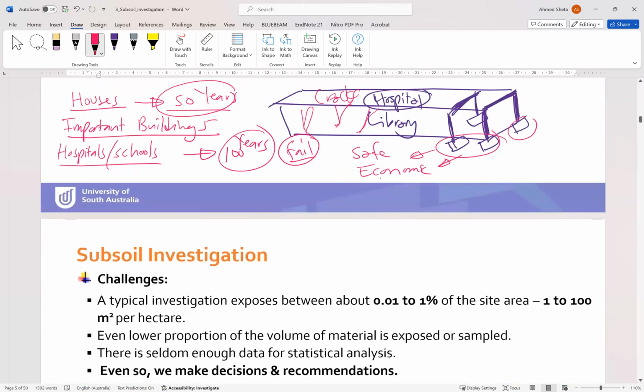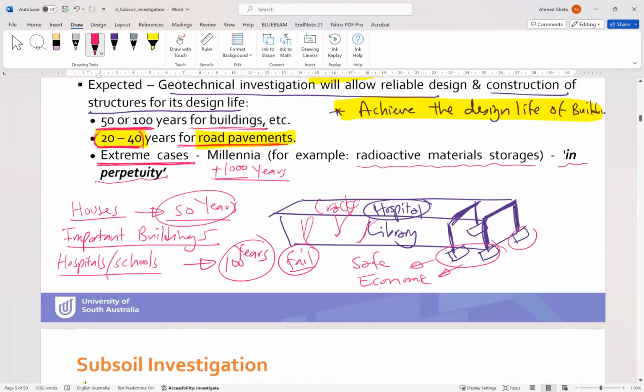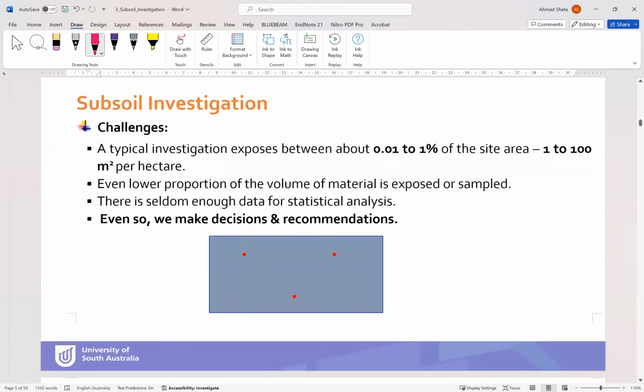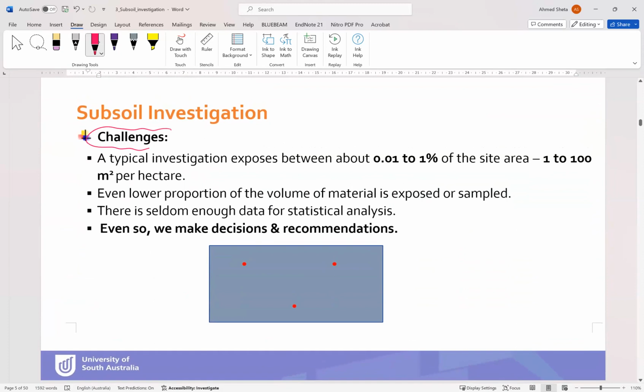Anyway, so these were the expectations of the subsoil investigation. And then what are the challenges we are facing when we are doing soil investigation? One of the challenges is if we have an area of land like that, a very wide area, let's say 500 meters by 1,000 meters.